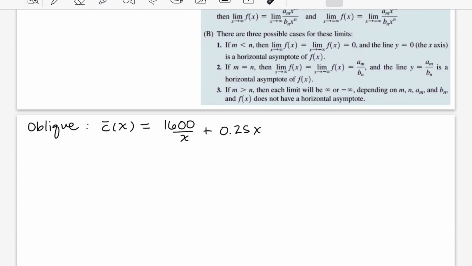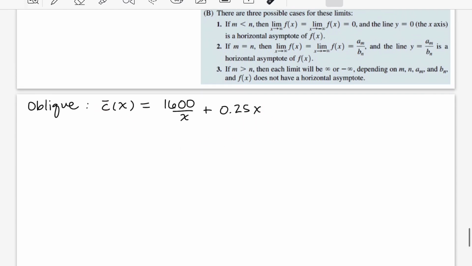All right, so looking at our average cost function here, note that as x gets bigger and bigger, so this means more items are being produced, we see that this guy here is going to get smaller and smaller. So this term is going to go to 0 as x goes to infinity or gets bigger and bigger.